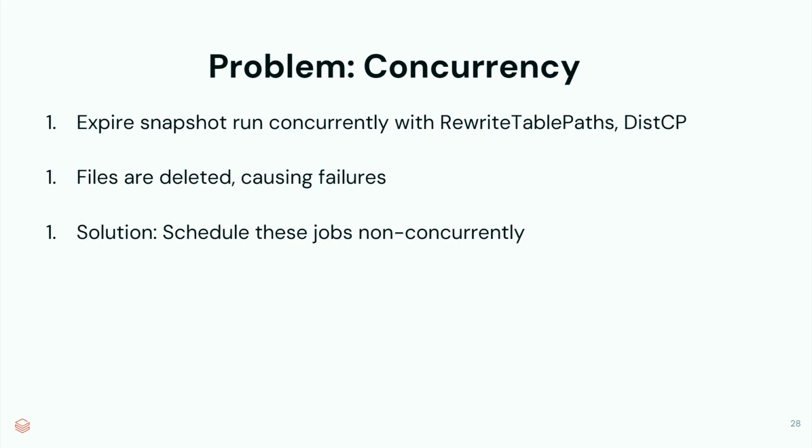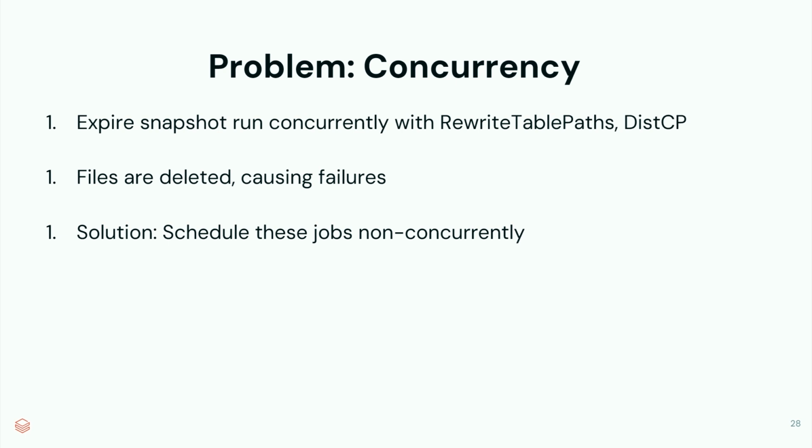So the problem with this is, as we mentioned, expired snapshots. That's where we are removing the files from the disk, and we want to avoid running this concurrently with the rewrite table path and the DCP. What we found is that it's probably better to run the snapshot expiration before the replication workflows.